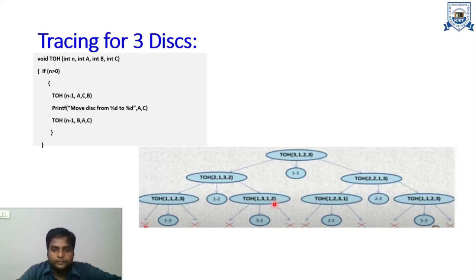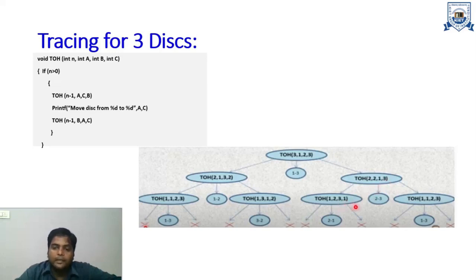Okay. In the same way, when we expand this using the given algo, what is the result? Let's see. The first step is n minus 1 comma A comma C comma B. So n minus 1 is 1. What is A? A is 2. What is C? C is 3. And what is B? B is 1.